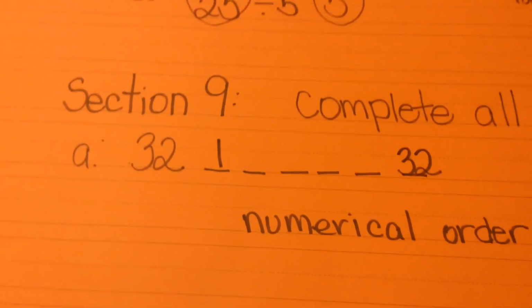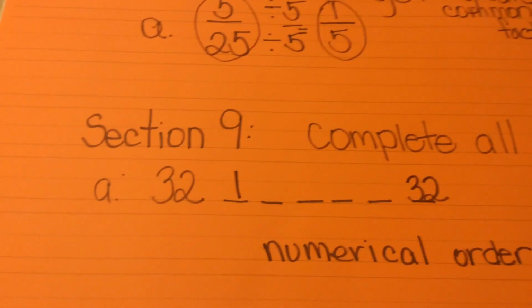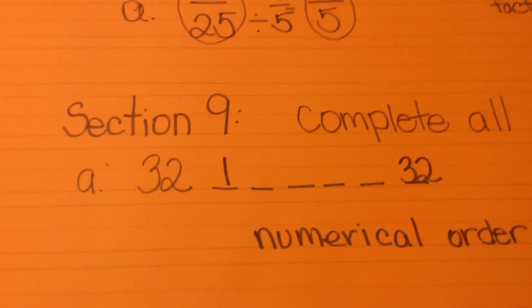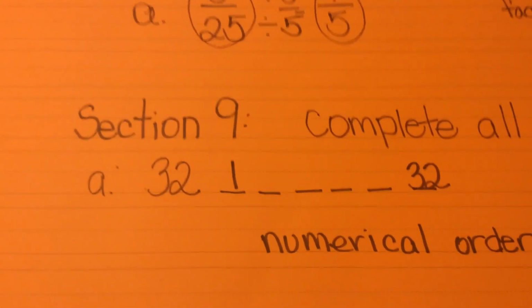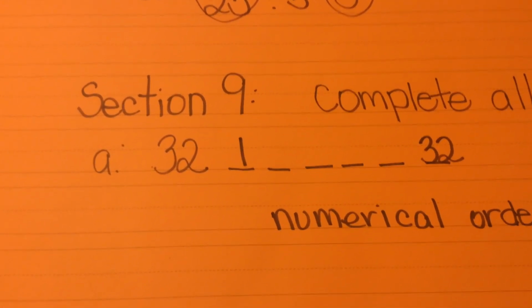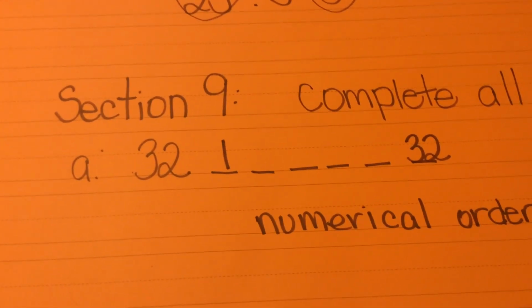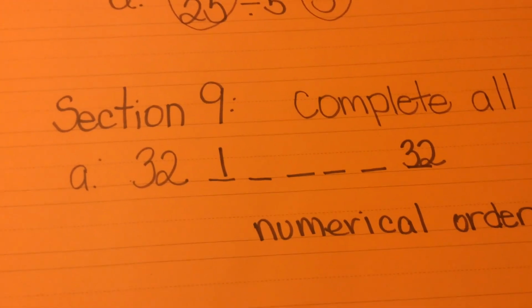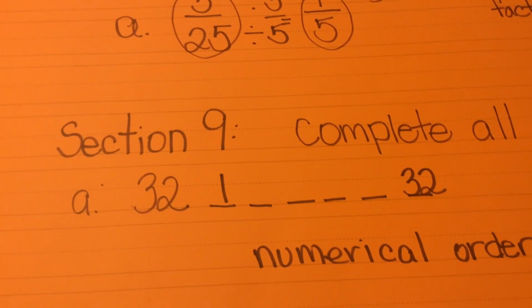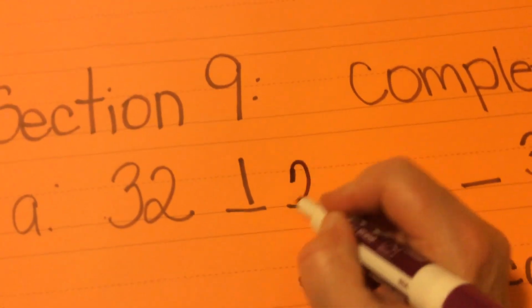Okay, so let's think in our mind what would come next. Is 2 a factor? Well, 2 could be a factor of 32. 2 times what? It's not 2 times 12, that's 24. 2 times, I'm hoping someone at home is doing a huge shout out and saying, oh my gosh, Mrs. Shelton, it's 16.